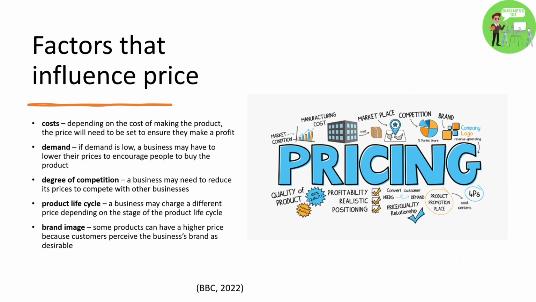A business may need to reduce its prices to compete with other businesses, and the more competition you have, the lower your prices may need to go. Product life cycle. A business may charge a different price depending on the stage of the product life cycle. And brand image. Some products can have a higher price because customers perceive the business's brand as desirable.